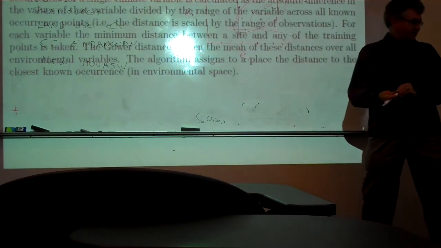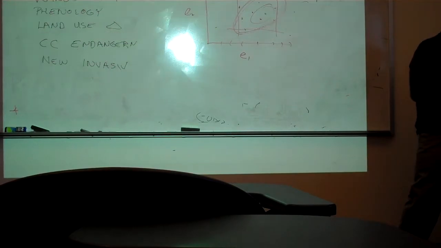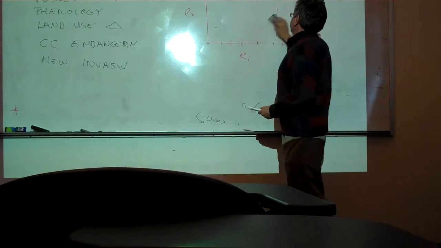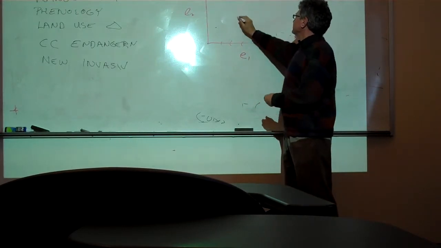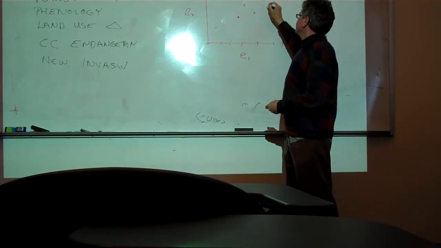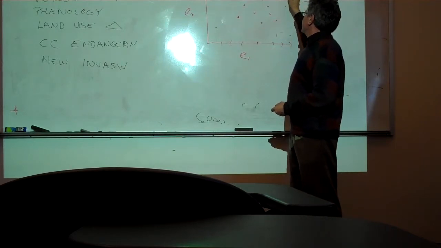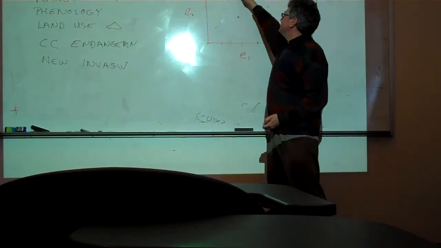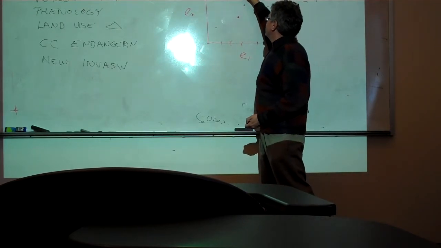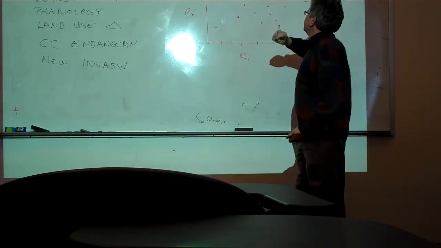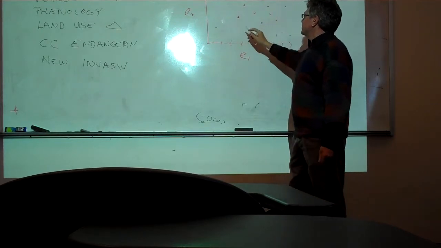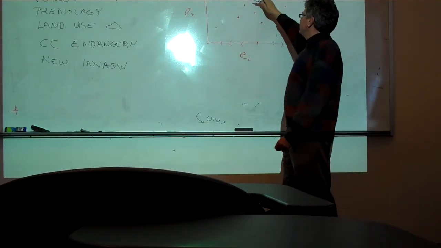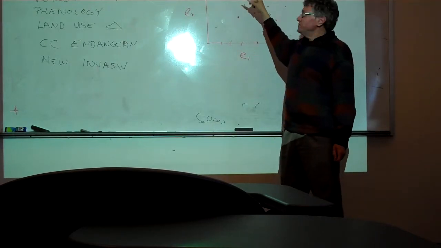you take, so if we go back here, get rid of these contours. Okay, and so we take a point in environment space, and we say, what's the nearest observation in the E2 direction?